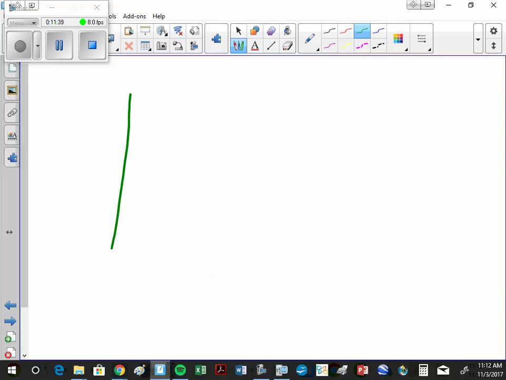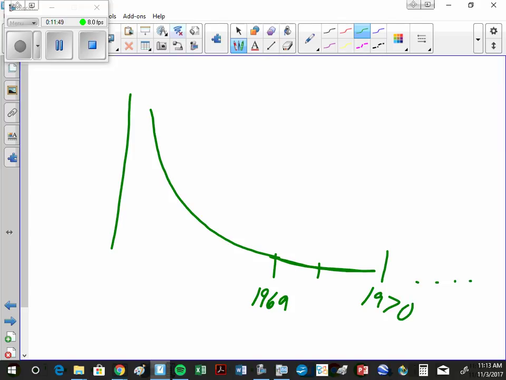So we have this curve here that ends in 1969. Can I continue that into 1970 or beyond? Or could I go back into the 1950s? Well, what is unemployment based on?